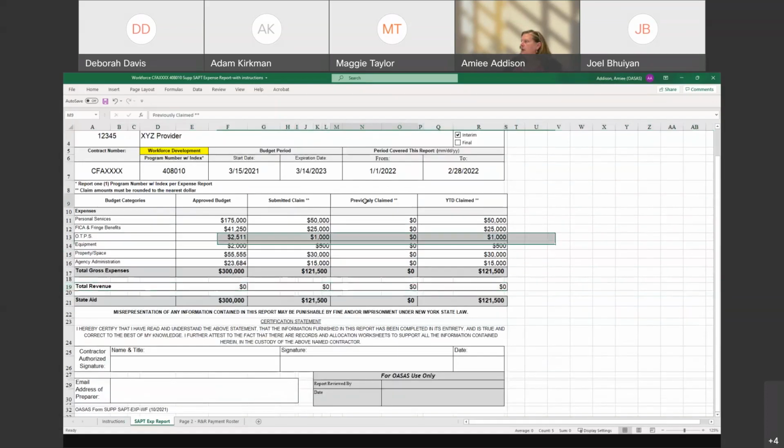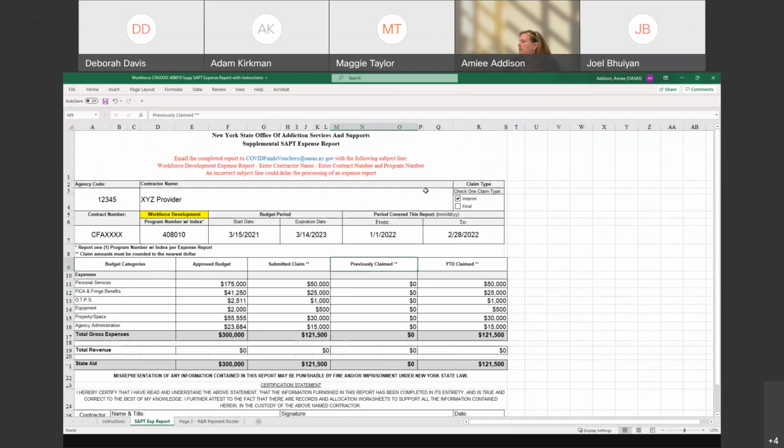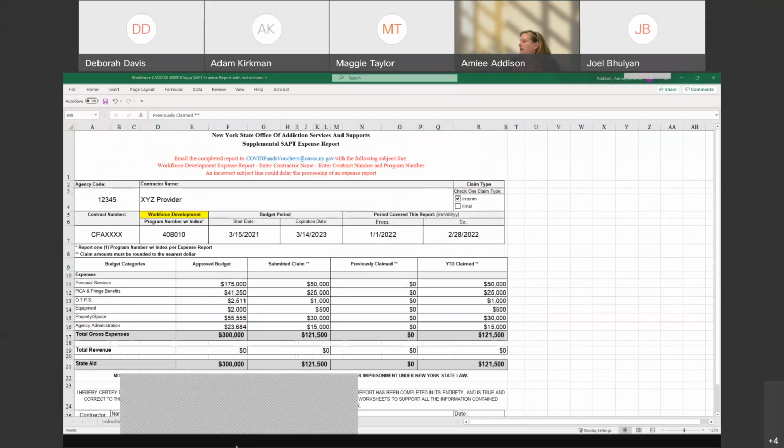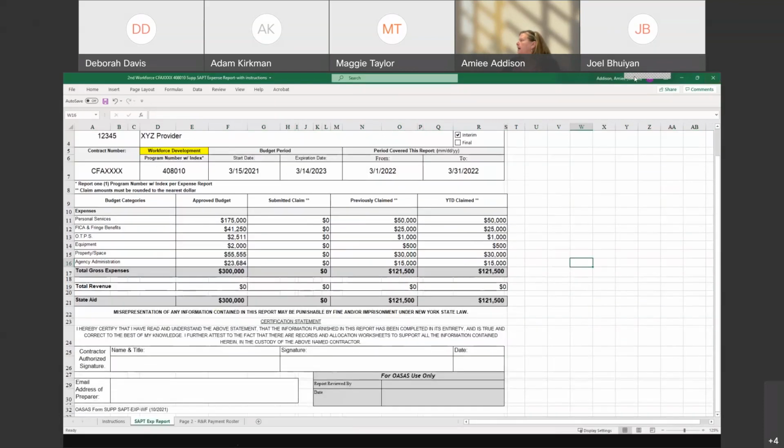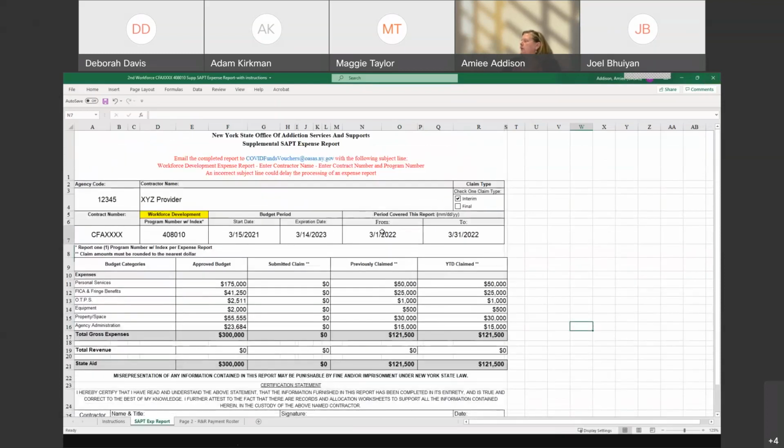Okay, so to show the previously claimed, this covered the period January through February, and if you were to create another expense report after that, it would cover the period from March 1st through the end of March, and the previously claimed amounts would equal the total year-to-date claimed from the previous expense report.